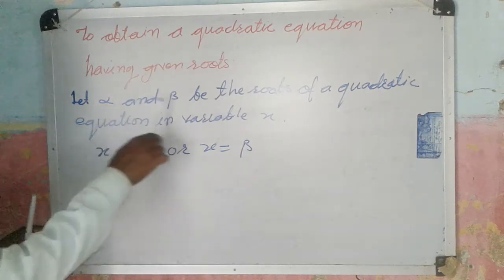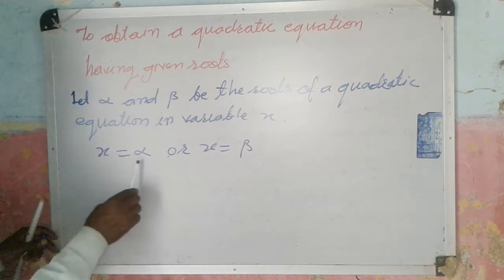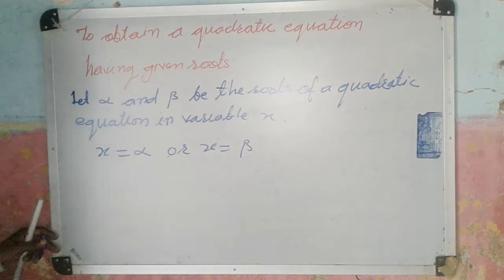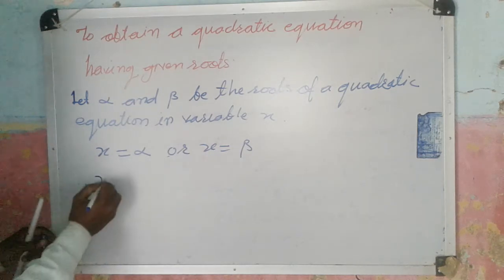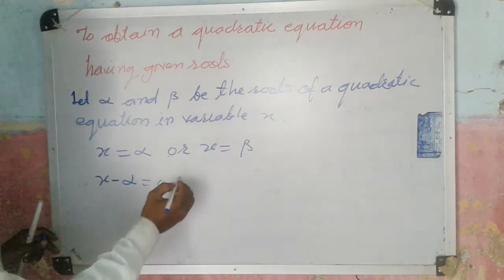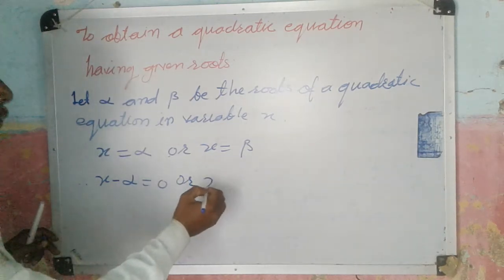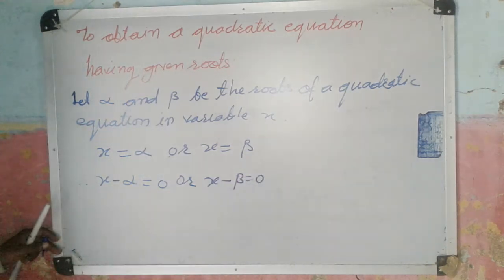These two roots are alpha and beta. That means the value of x may be alpha or beta. Now from this we get x minus alpha is equal to 0 or x minus beta is equal to 0.